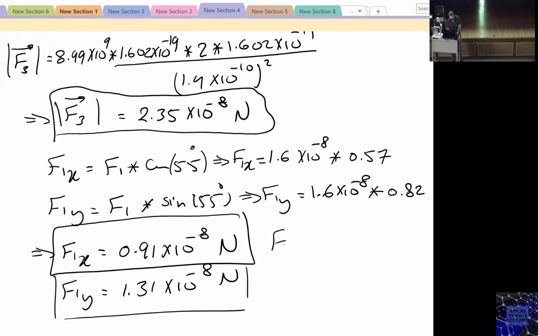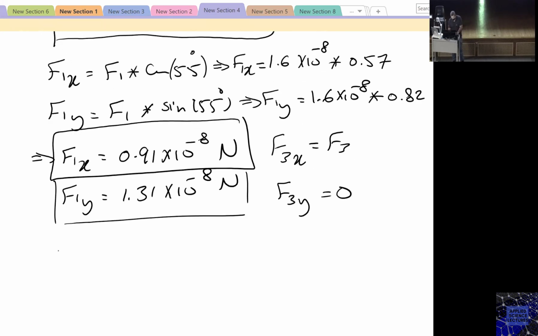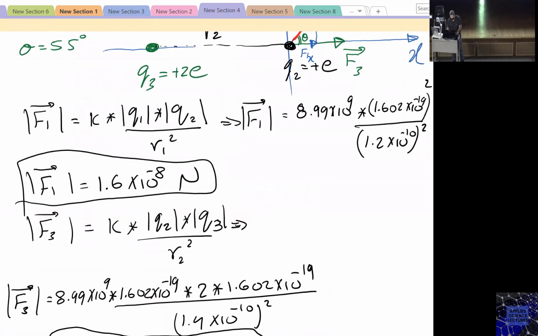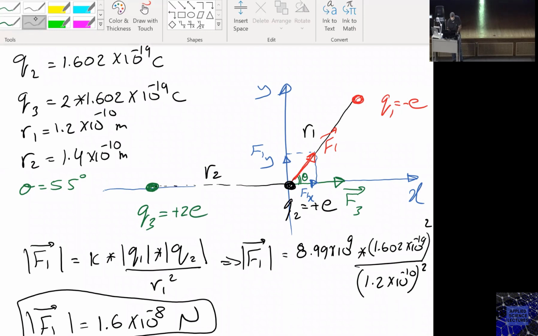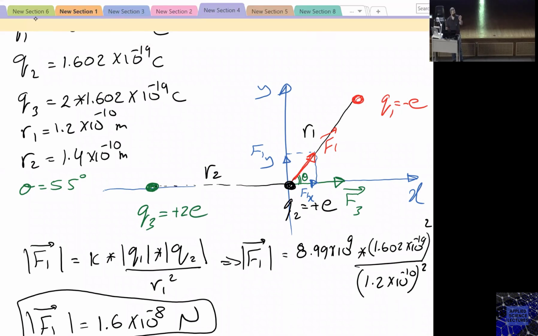What about F3x? It is F3, because all of F3 is on the x-axis. What about F3y? It is 0, because F3 is perpendicular to the y-axis. So now if I look at Fnet, Fnet x would be the summation of F1x and F3.